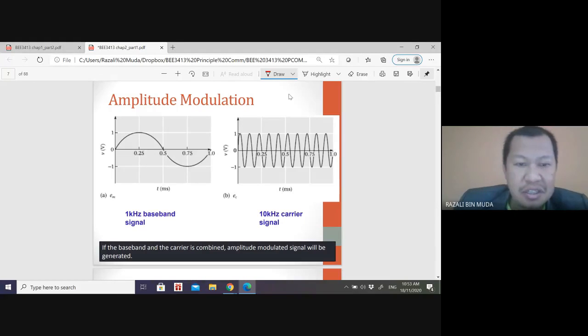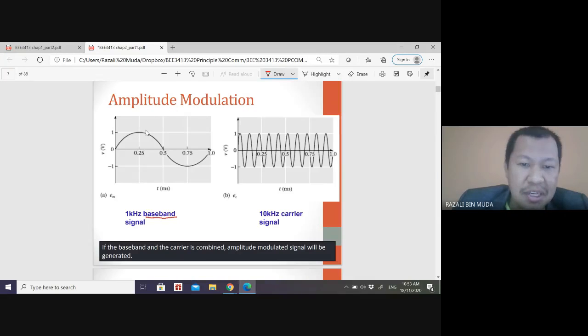Okay, amplitude modulation, this is low frequency. So you can see this is very low frequency and this is high frequency. Okay, this is a time domain signal, V against T. All right. So this is a 1 kilohertz baseband signal. Okay. So baseband is another name for the information or modulating signal.